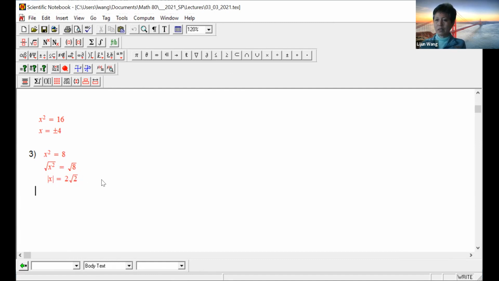And last but not least, we're getting x equals plus minus 2 times square root of 2. Okay, the same rubrics.